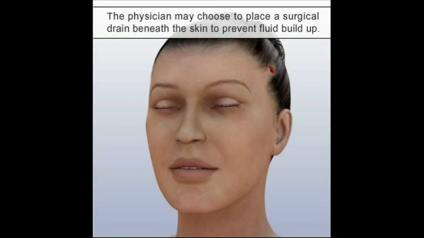Once the physician has finished making the necessary adjustments to the underlying structures, they may choose to place a surgical drain beneath the skin to prevent fluid buildup as you heal, although this is typically not necessary. The incisions in the hairline and the mouth will then be closed using sutures.